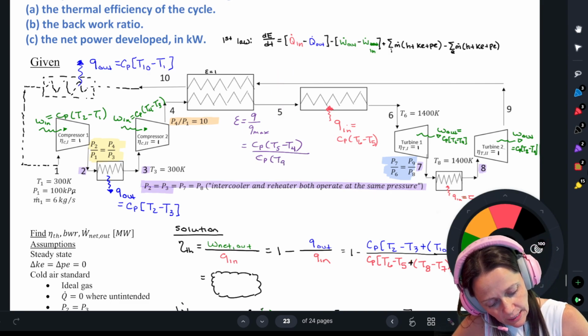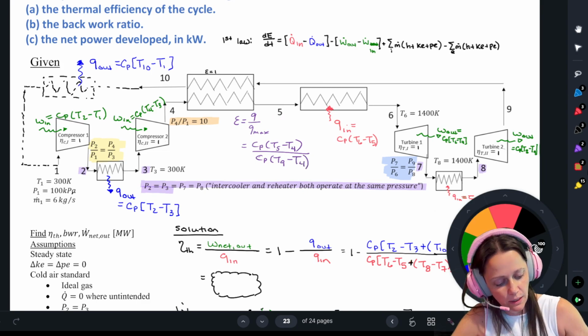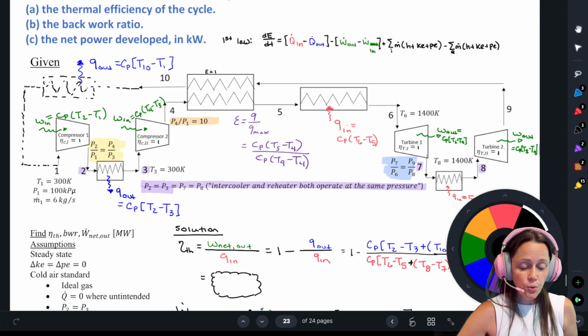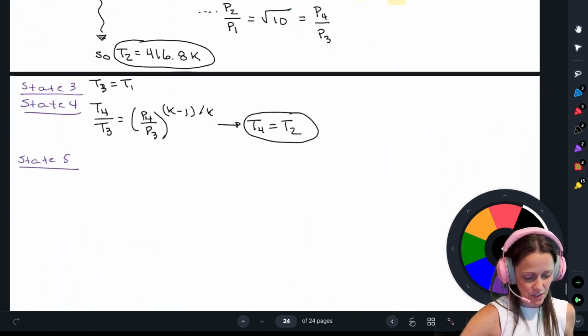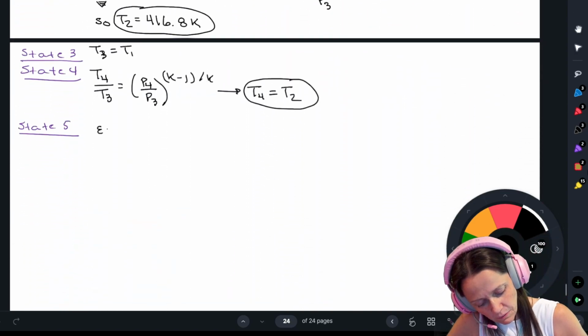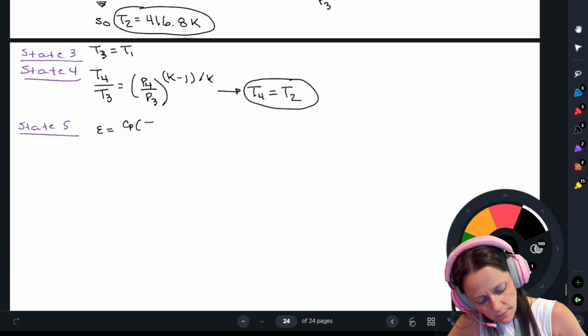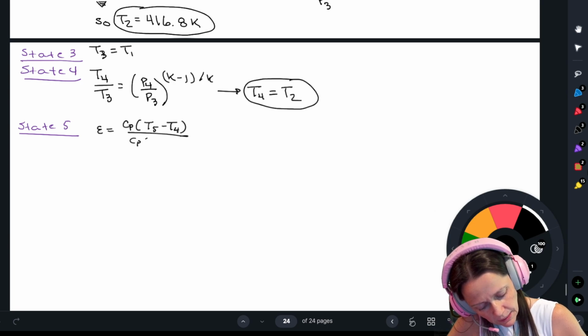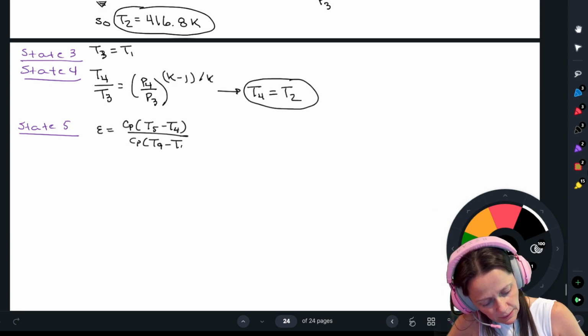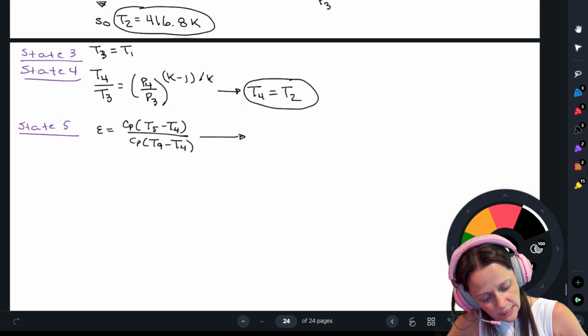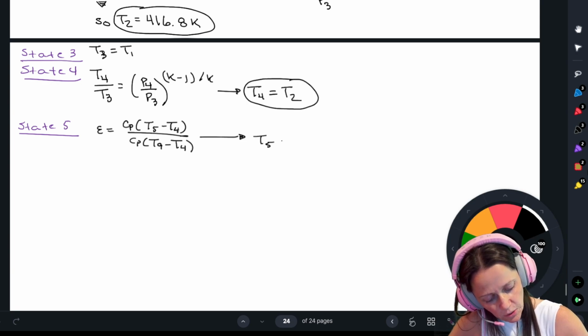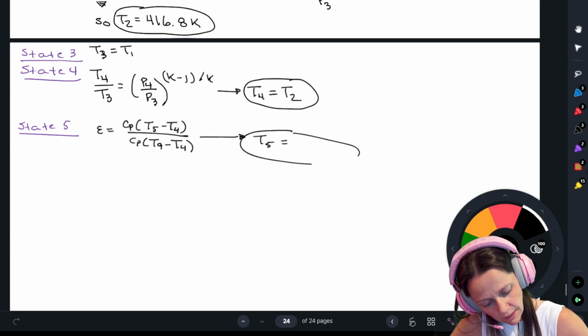So T9 minus T4. So I'm going to go back down here and just rewrite that. My effectiveness is CP times T5 minus T4 over CP times T9 minus T4. I do need to get T9, but once I do, I'll be able to get T5.